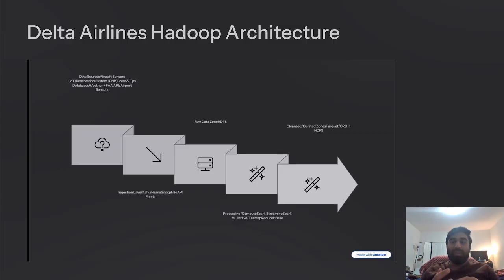This layer contains clean, joined, and well-modeled datasets organized by time, aircraft tail number, route, crew pairing, and maintenance cycles. Finally, the output flows to dashboards, predictive maintenance systems, delay prediction engines, and fuel optimization models, which are used by Delta's operational teams and maintenance engineers.